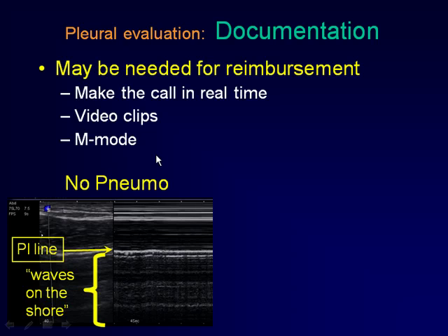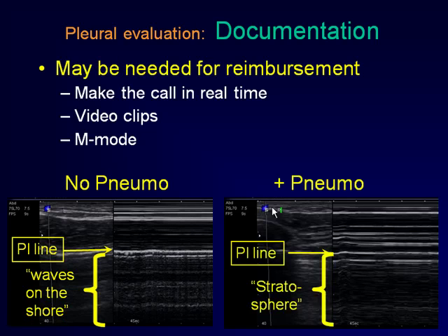But another method that's been described is using M mode, and the movement of the lung back and forth here, and the movement within the lung underneath the visceral pleura here creates this rough appearance, which is often described as waves coming up towards the shore in this direction here, waves on the shore. And this indicates the absence of pneumothorax.